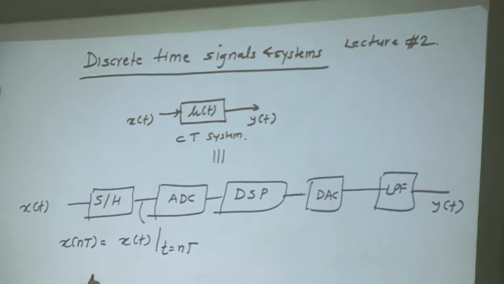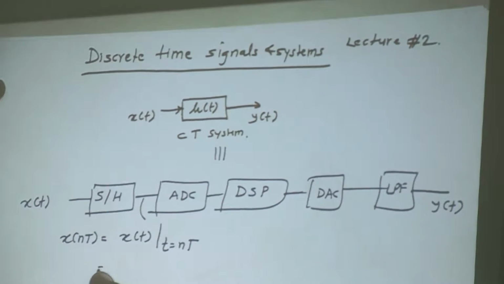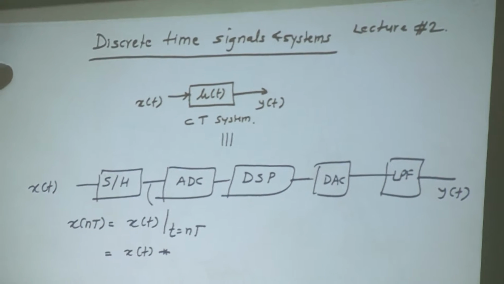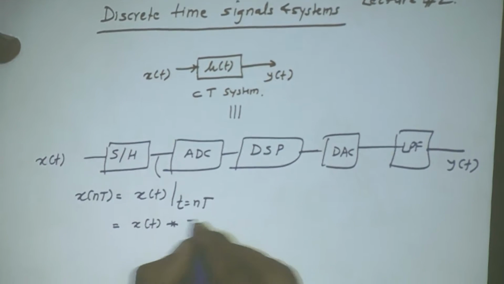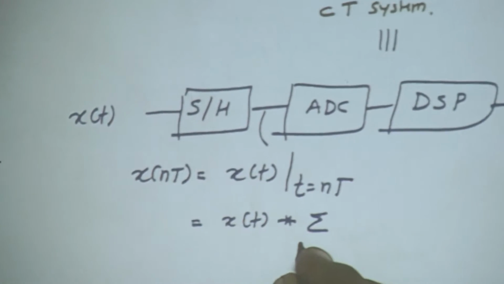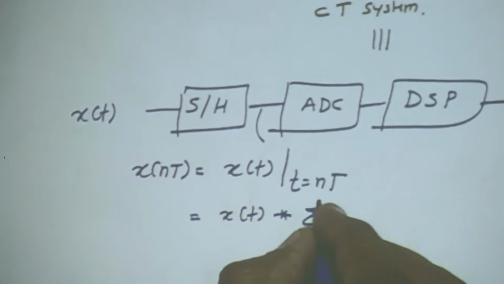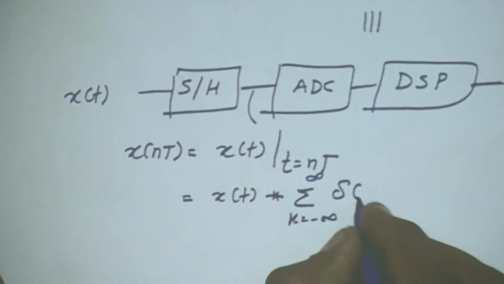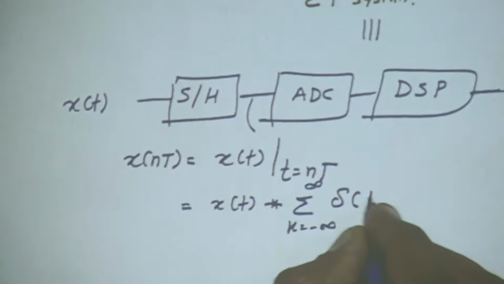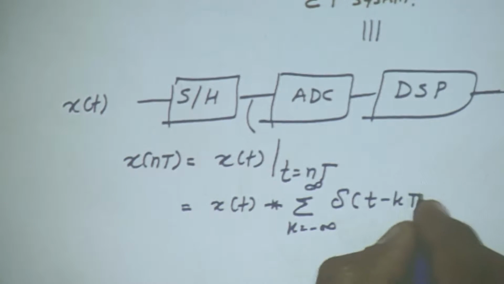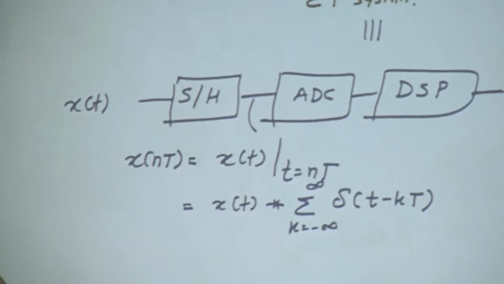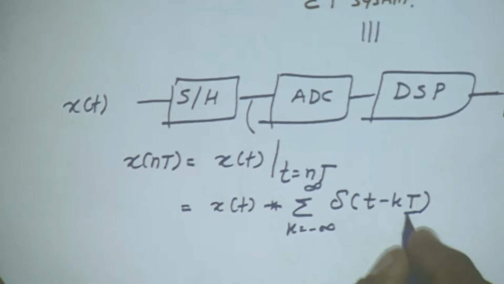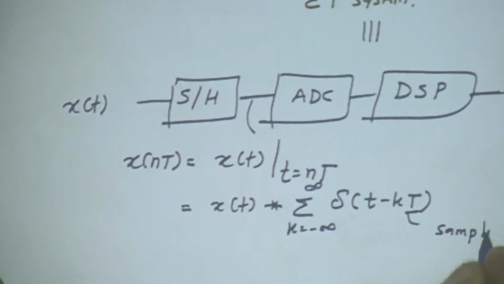Sampled at means what? I am actually multiplying x(t) by a train of impulses, which are the summation of all those impulses from k equal to minus infinity to plus infinity, delta(t minus kT), where this T is the sampling time or sampling interval.